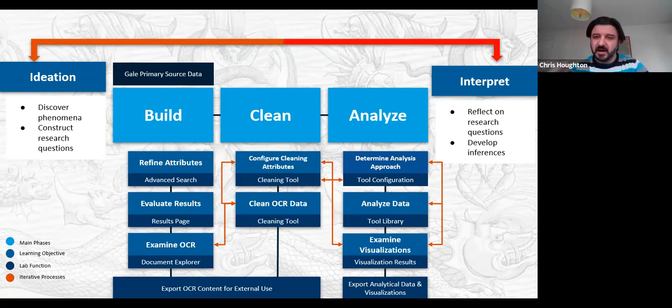So it is entirely consistent that you might build your content set and then start cleaning your content set. And as you clean your content set, it tells you about what your data is. It maybe highlights a few things. It shows you that actually some of the data that you've got is wrong and you don't want that. So you go back to your build again and you take out that wrong data and maybe you add in some more data.